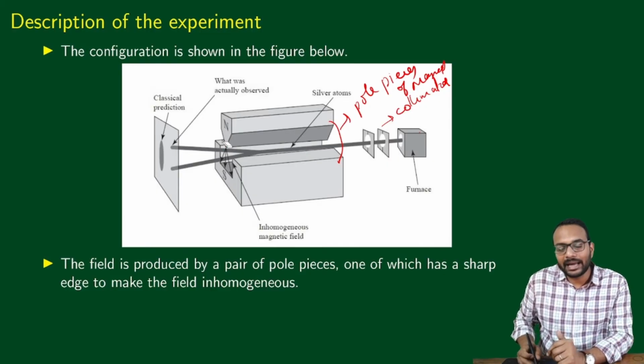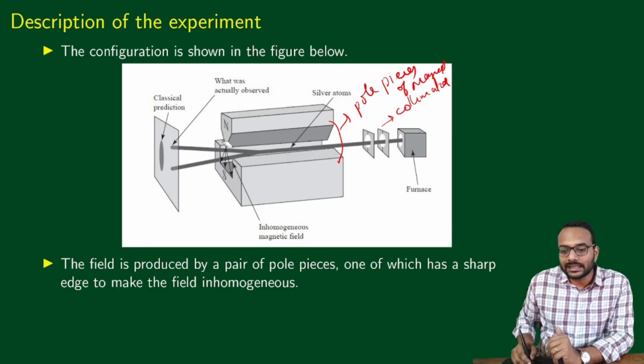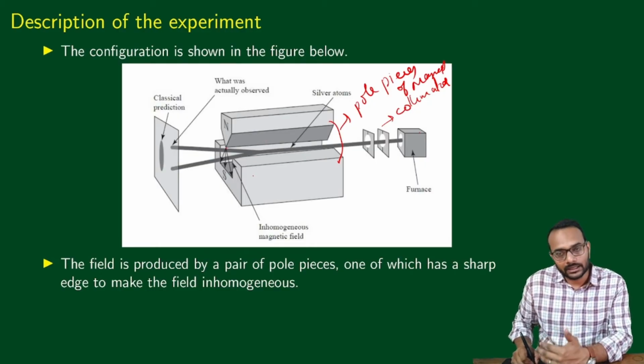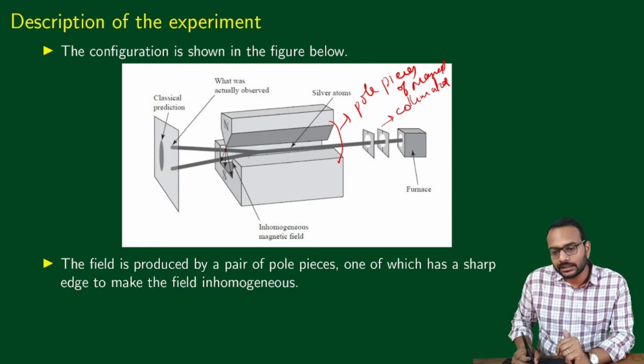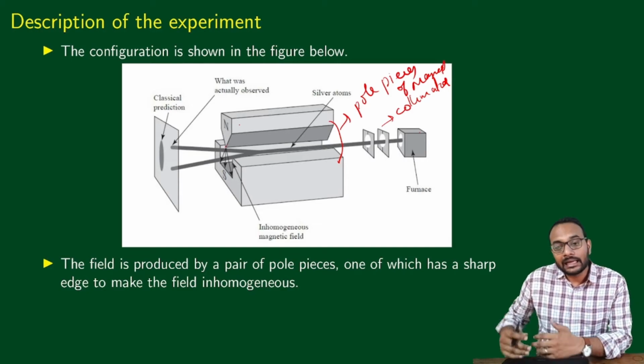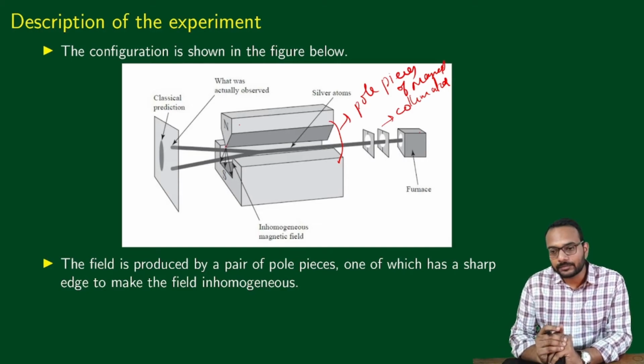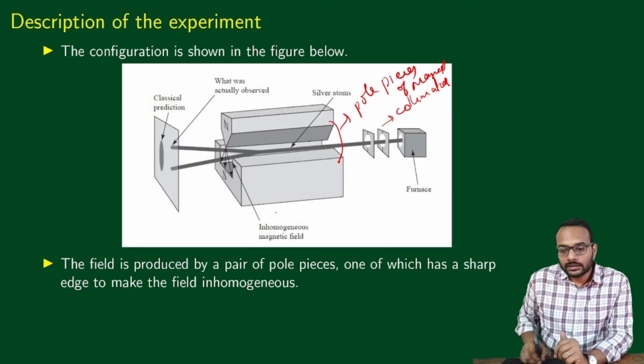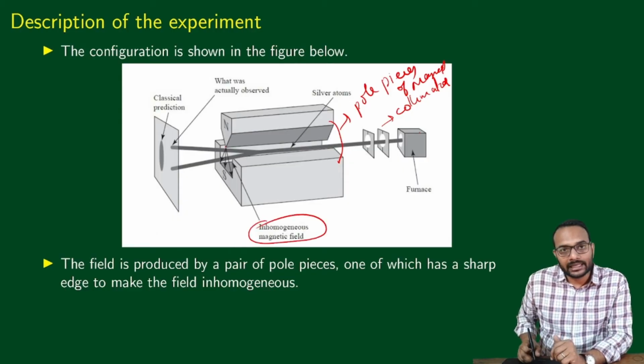This makes the magnetic field inhomogeneous. The magnetic field is stronger on top and weaker below, in the sense that the field lines will be crowded on top and more diverged at the bottom. This is how we produce an inhomogeneous magnetic field.